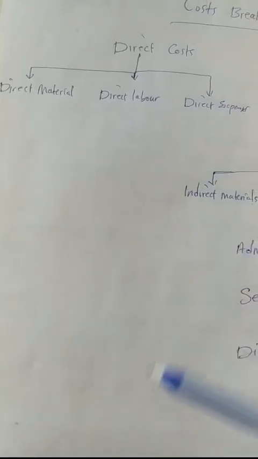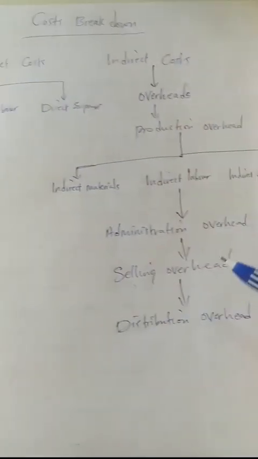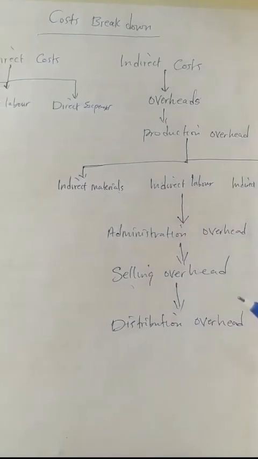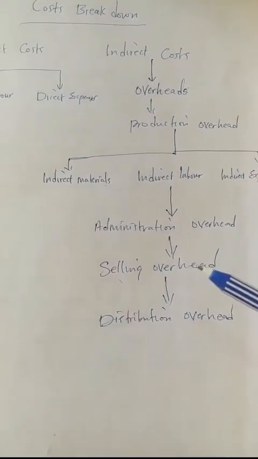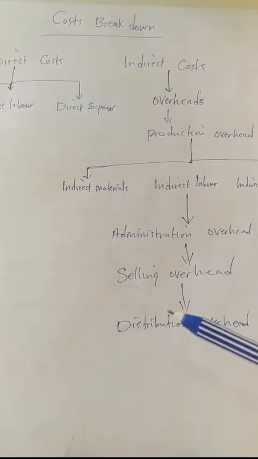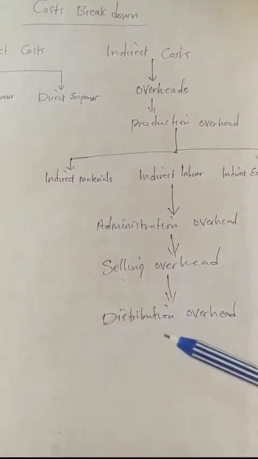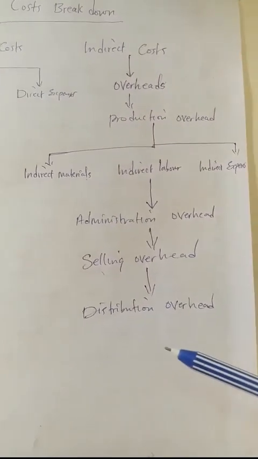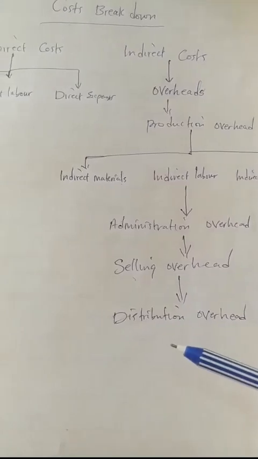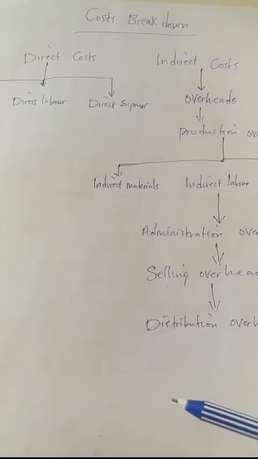Okay, if at all you're missing out this, you can still tell me so that I explain more. But it's straightforward. It's just a matter of classifying the costs. It's important that you know that this type of costs belong to this department, this category, and so on. All right.